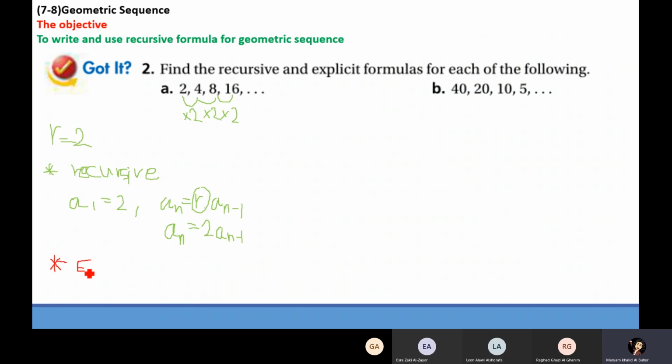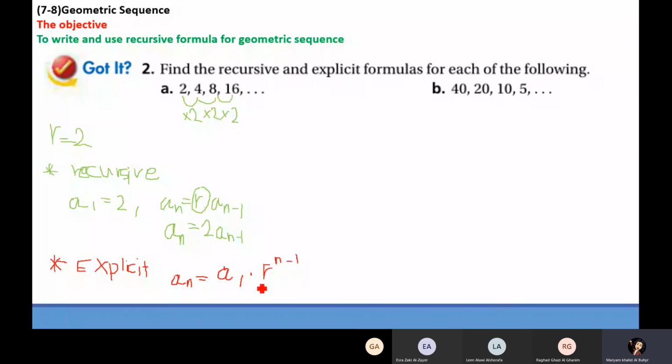For the explicit formula, you're supposed to memorize the general form. I will repeat it for you again. We learned it before: an equals a1 times r to the power n minus 1.